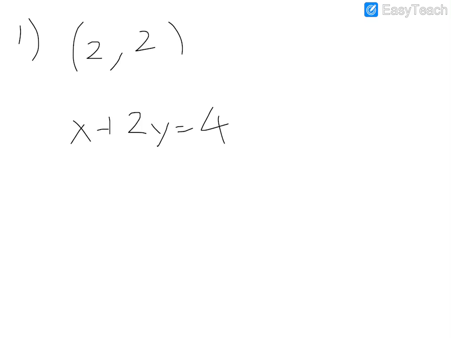Now this is a line, and you're reflecting it across that. Just to reiterate, you have this point (2, 2). You're not reflecting across the y-axis or the x-axis. Instead, you have a line, x + 2y = 4, and you're reflecting across that. That's your first question.